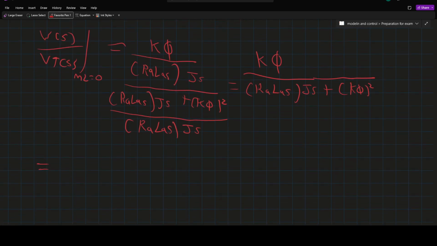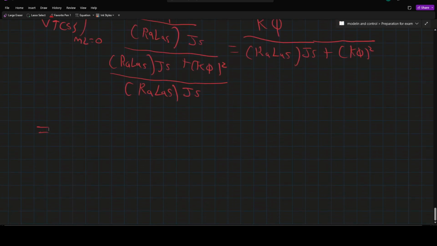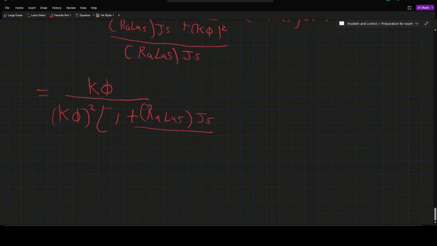And this is equals to, we wanted something close to it, so we're gonna try to get a +1. So I'm gonna factor out here our K5 square. So on top we have K5 over K5 square. So in the inside we're gonna have here 1 plus this RALAS times JS over K5 square.